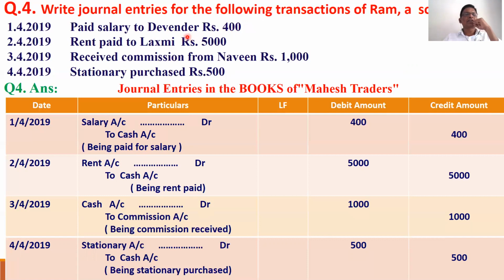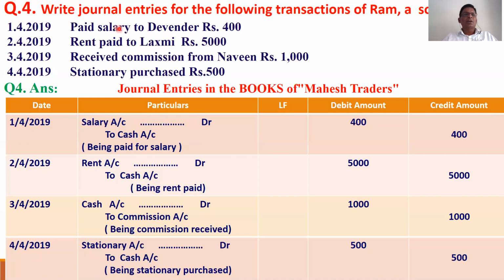You know very well, whenever there is a personal account with a nominal account, the personal account is ignored. We paid salary, and salary is expenditure. Salary account is debited, and cash is going out, cash account is credited. Devinder account is not needed here. There may be 10 employees in the organization, and we need not open all the employees' accounts.